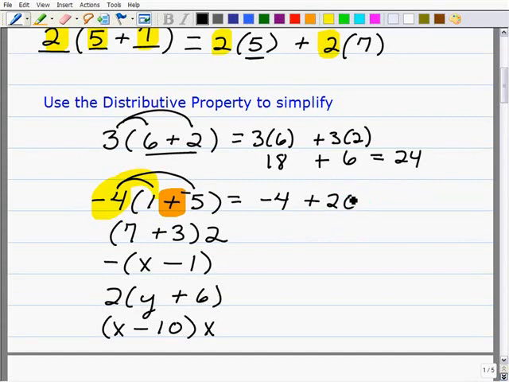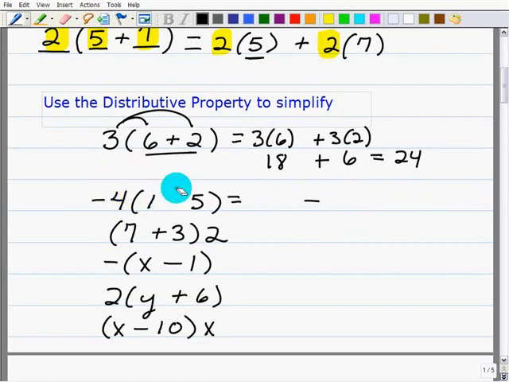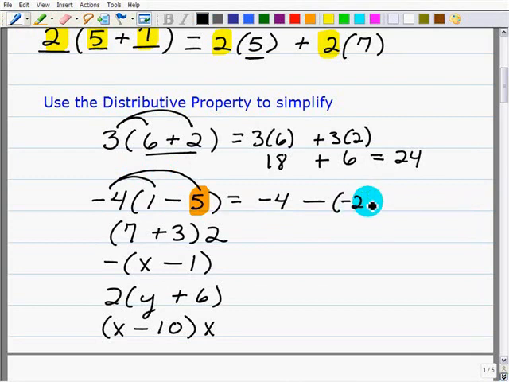All right, well, let's take a look at this problem again, but this time let's go ahead and leave it as a minus situation. So it'd be negative 4 times 1, which would be negative 4, minus a negative 4 times a positive 5. This time we're leaving that subtraction sign alone. Negative 4 times a positive 5 would be negative 20.